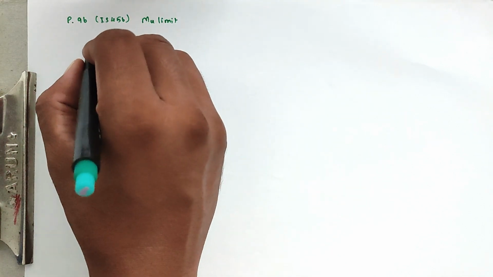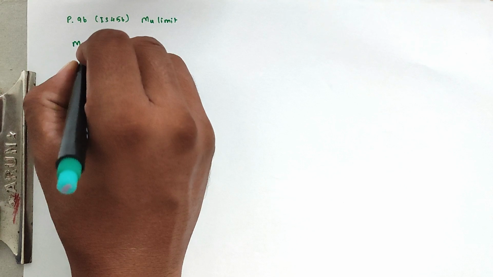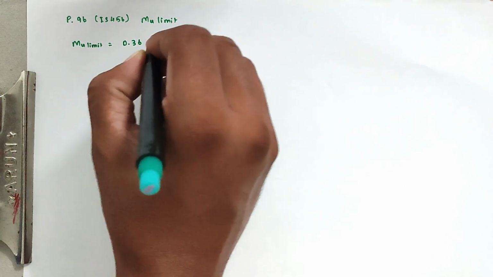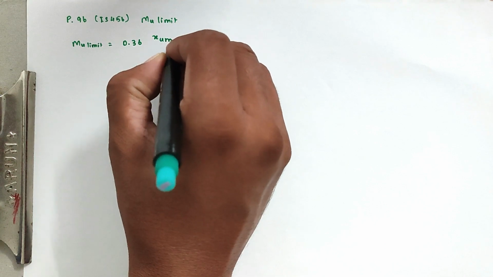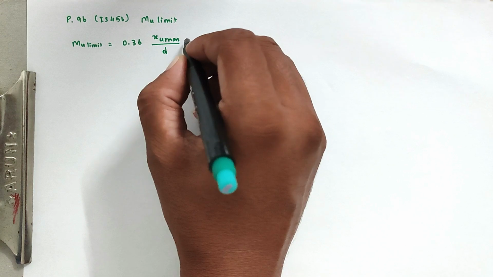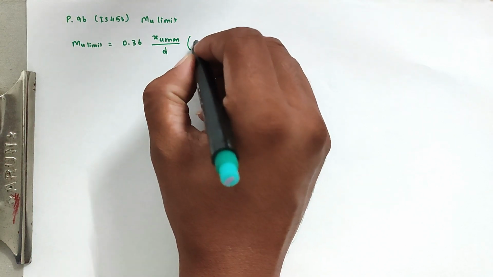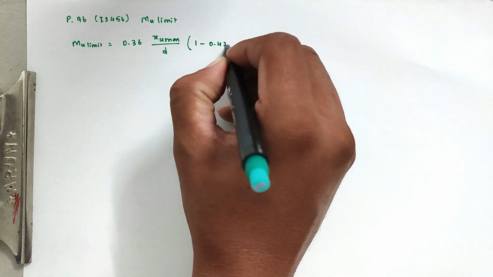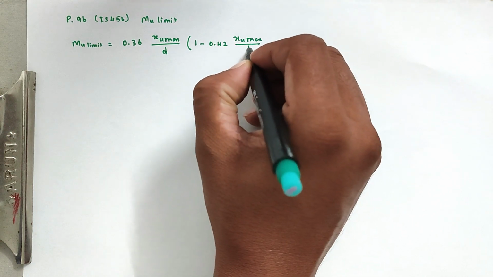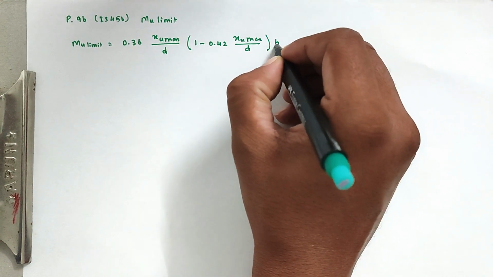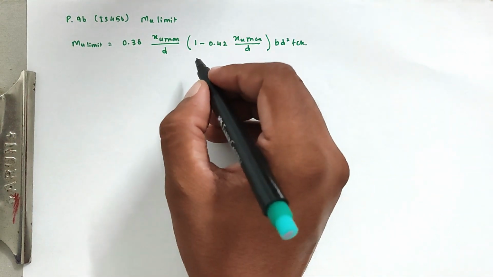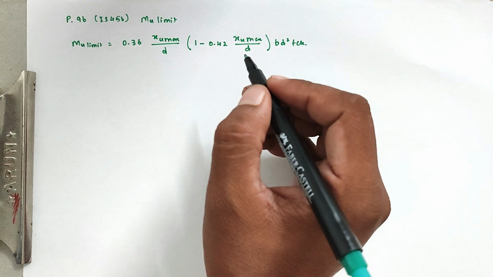The formula is Mu limit equals 0.36 into xu max by d, where xu max is the depth of neutral axis, into 1 minus 0.42 into xu max divided by d, into b d square into fck. This is the formula, so we can substitute all the values over here.